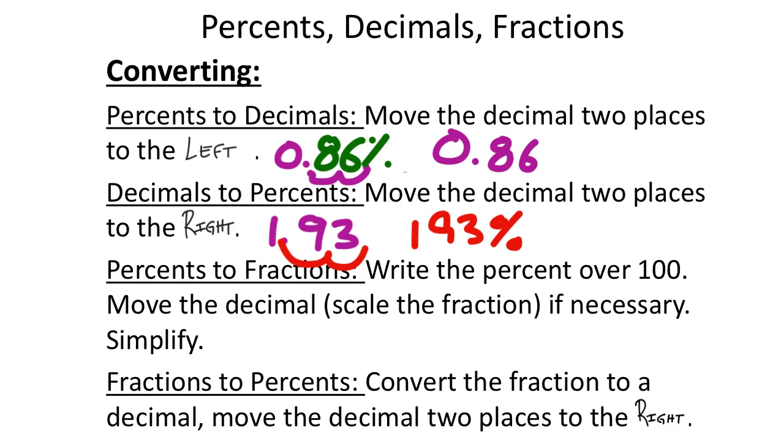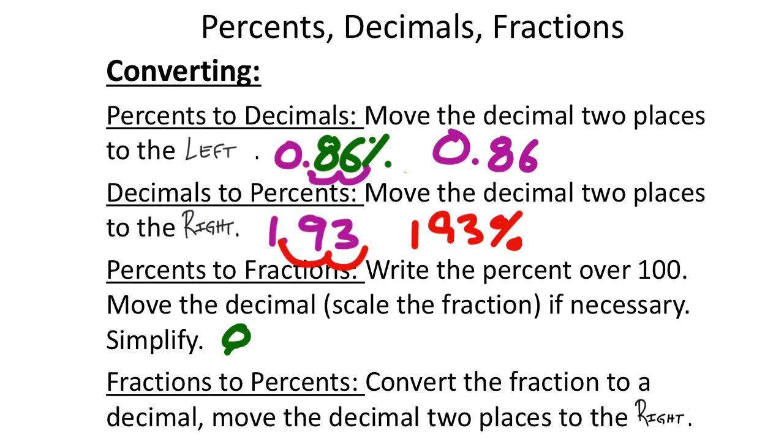Now, percents to fractions. We've already changed decimals to fractions and fractions to decimals. So as long as we can get them into one of the formats that we prefer, then we can use those methods to change them to fractions or decimals as needed. So percents to fractions, we would generally start with changing it into a decimal, right?